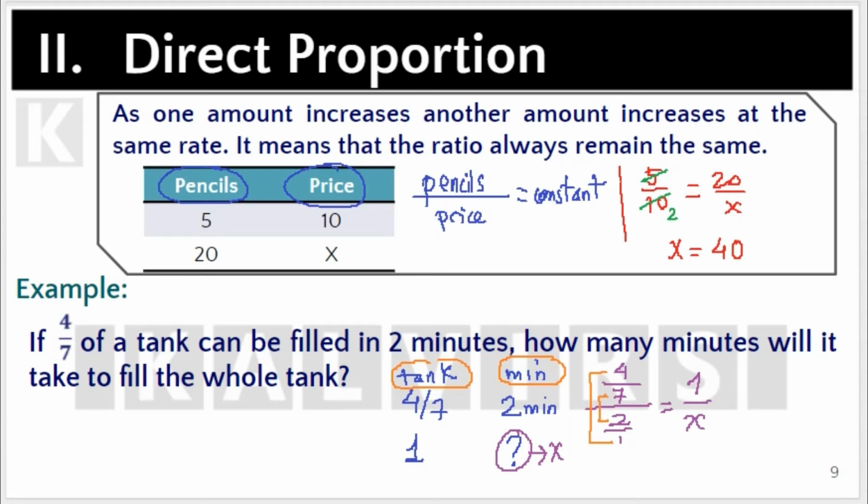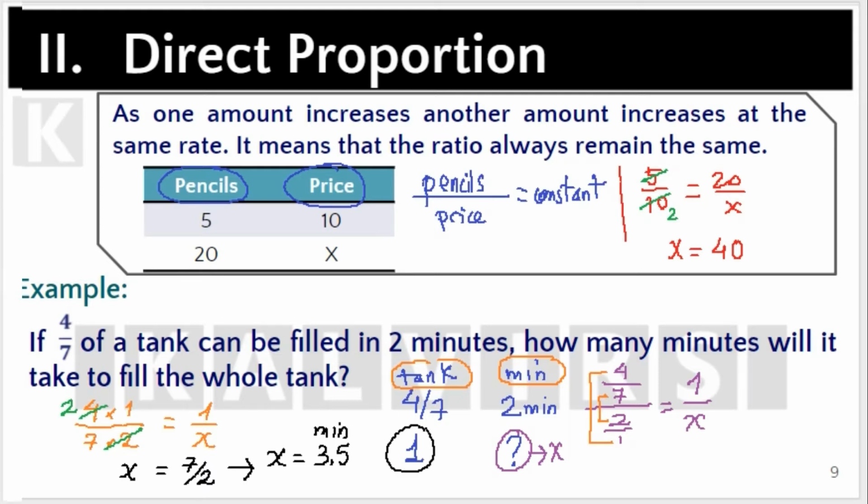I write this here. 4 times 1 over 7 times 2 is the same as 1 over x. You can cancel this one. Finally, x equals 7 over 2. X equals 3.5 minutes. It takes 3.5 minutes to fill the whole tank.